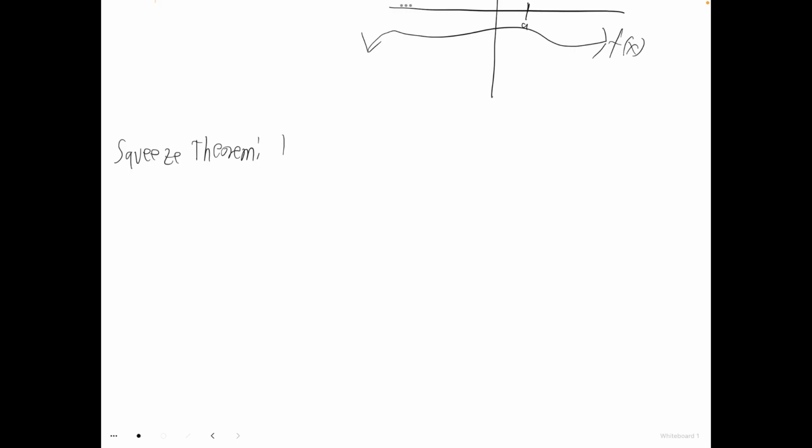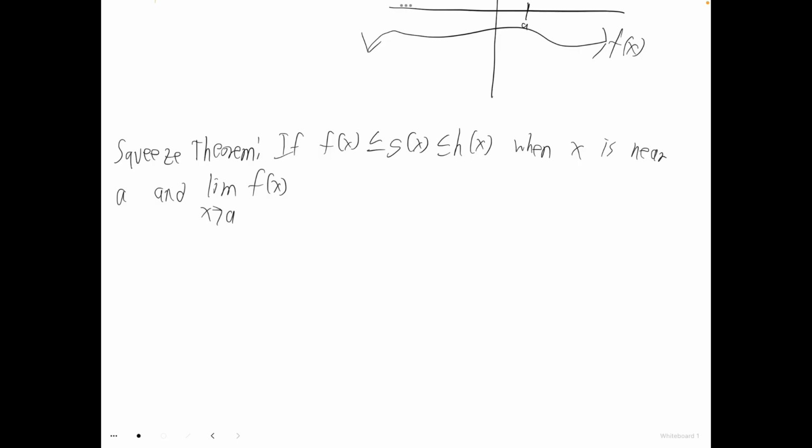With the squeeze theorem, we have if f of x is less than or equal to g of x, is less than or equal to h of x, when x is near a, and the limit as x approaches a of f of x is equal to the limit as x approaches a of h of x, is equal to L, then the limit as x approaches a of g of x equals L.